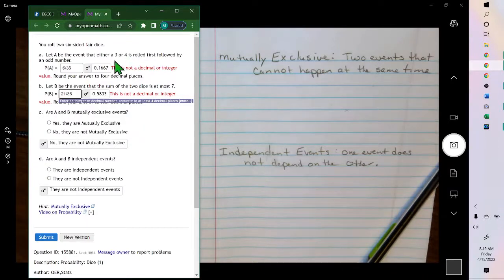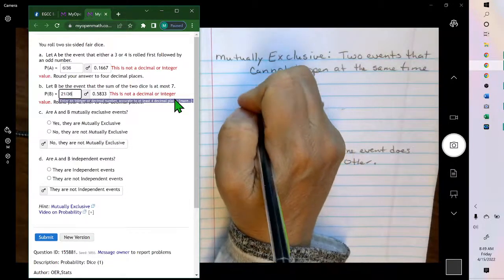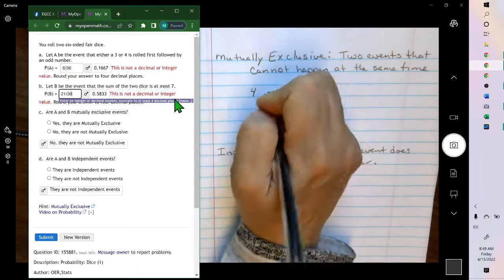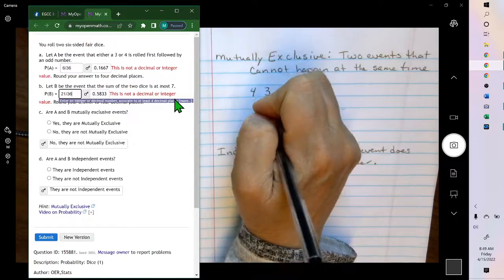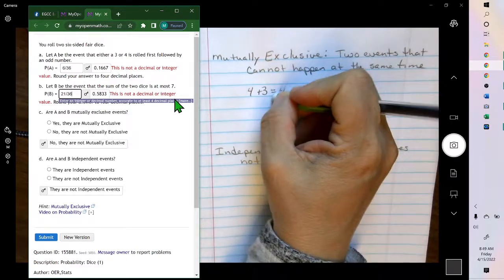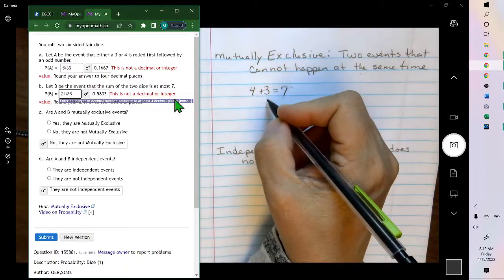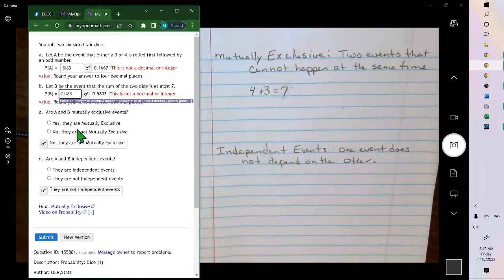So if we roll a 3 or a 4 followed by an odd, can we have the sum of 7? Well, if the second one has to be odd, and the first has to be a 3 or a 4, if we roll a 4 and then a 3, it's going to add up to 7. So the two do overlap. Because they overlap, they are not mutually exclusive.